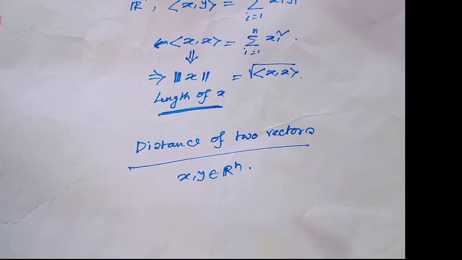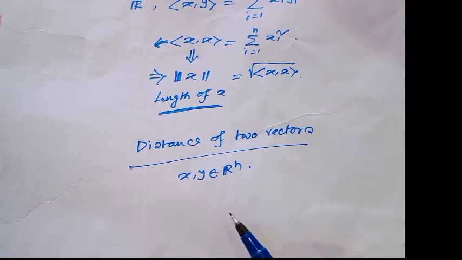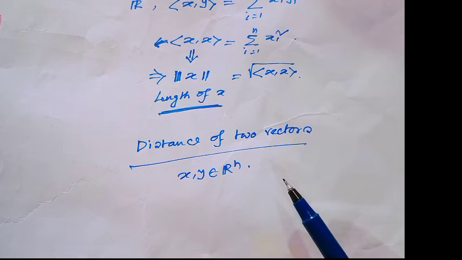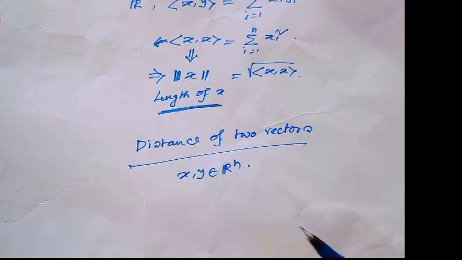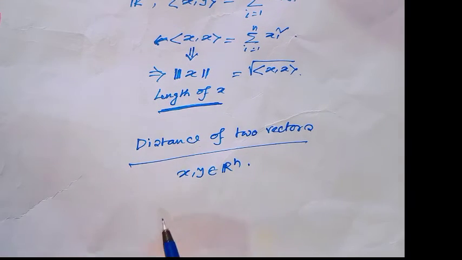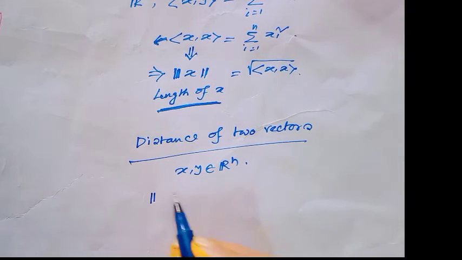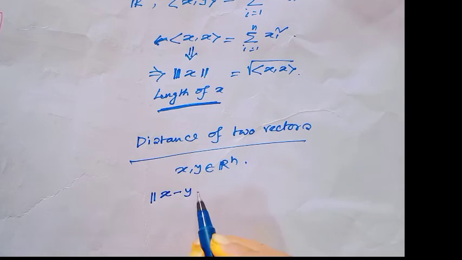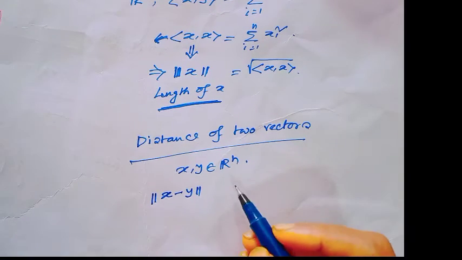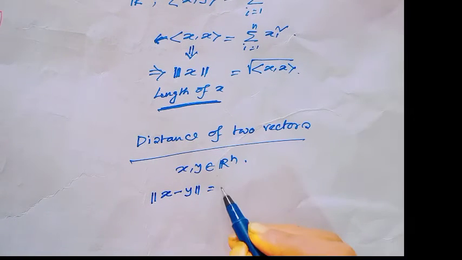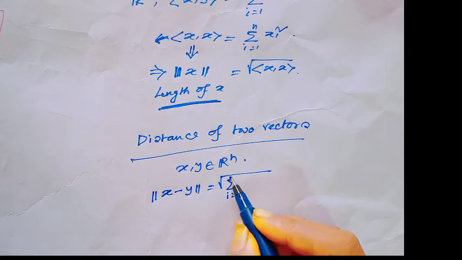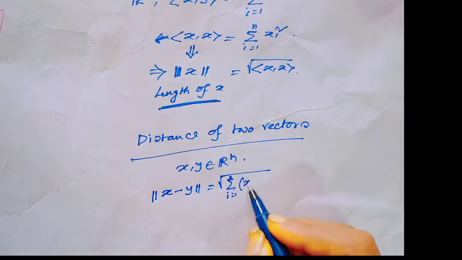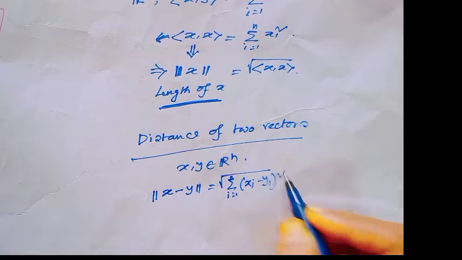Our next discussion would be the distance of two vectors. If we consider two vectors x and y in Rn, then the distance, which is denoted as norm of x minus y, would be the square root of summation i equals 1 to n of (xi minus yi) whole square.